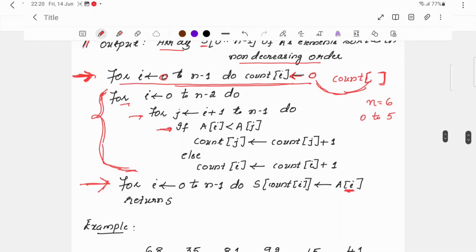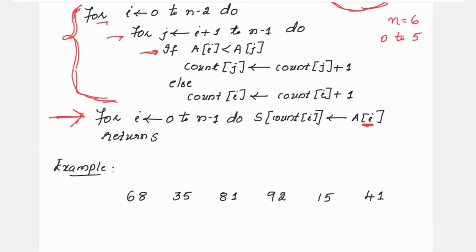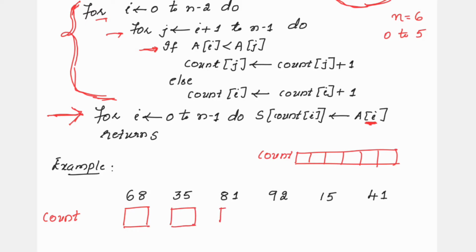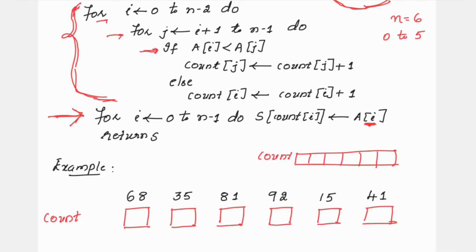I have taken one example here with 6 elements. The count is an array here. If there are 6 elements, I need 6 positions in the array. I am placing the same 6 positions separately here to show how I am going to update the values. Whatever value gets inserted in count is the index value in the array.